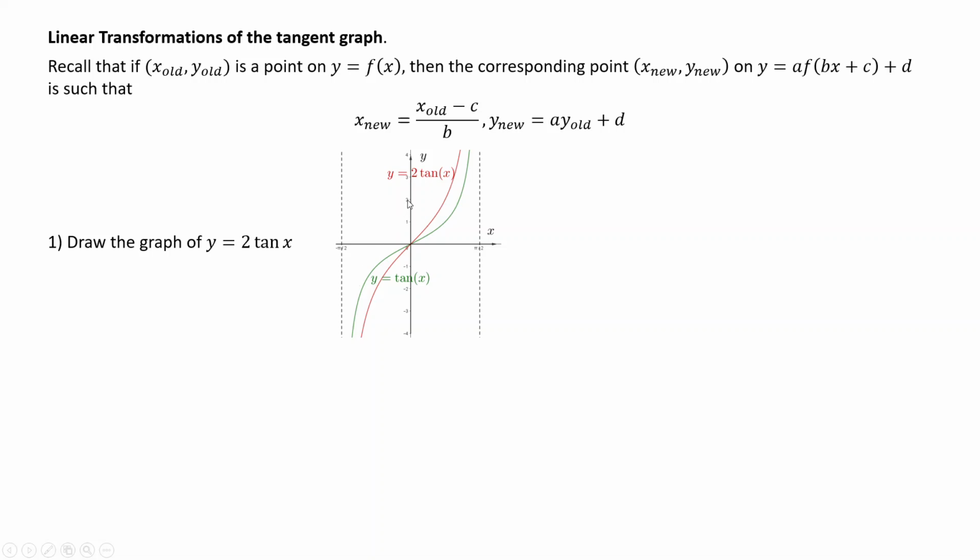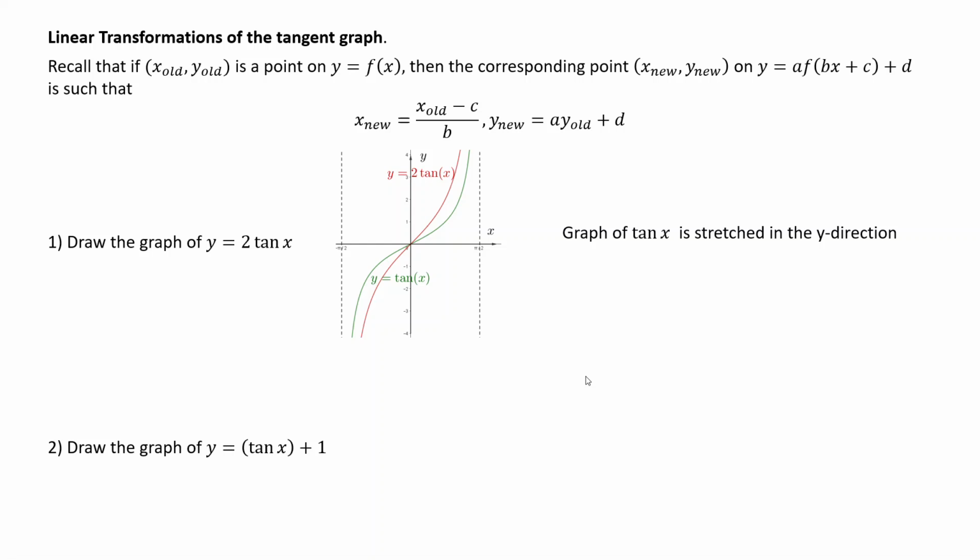Where the old y value is 2, the new value is 4. Everything is getting doubled. That's the point. I have shown you just one period of how this transformation would be, and the graph of tangent x is stretched in the y direction.